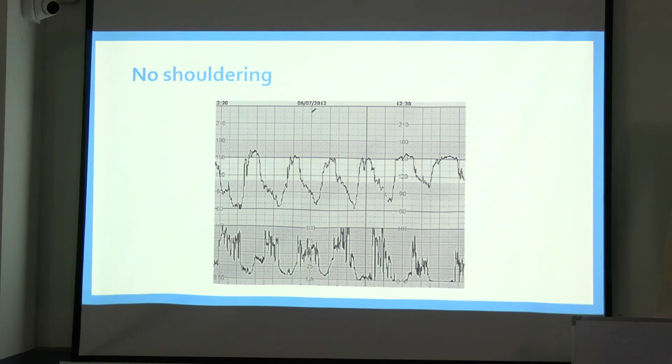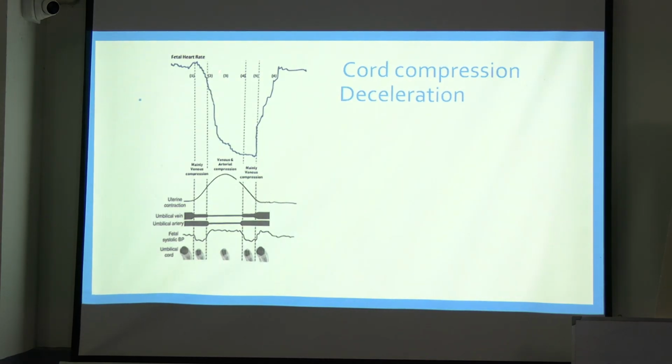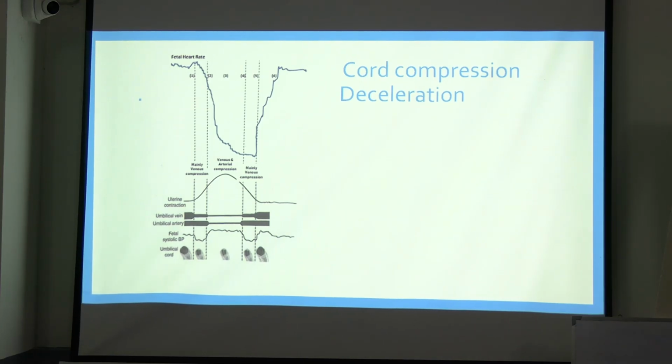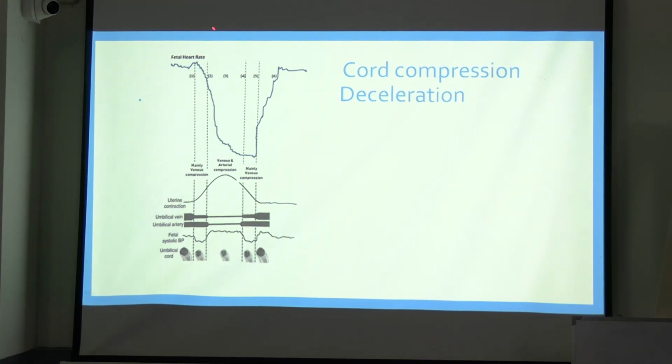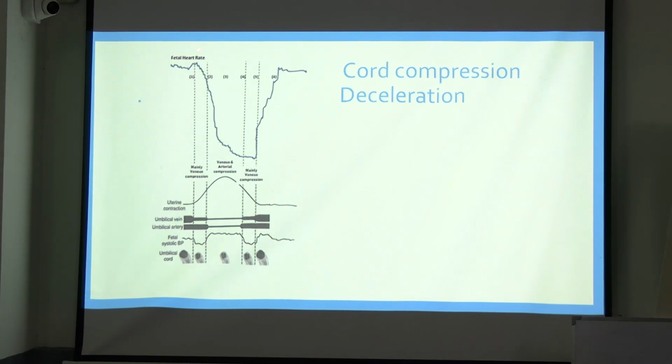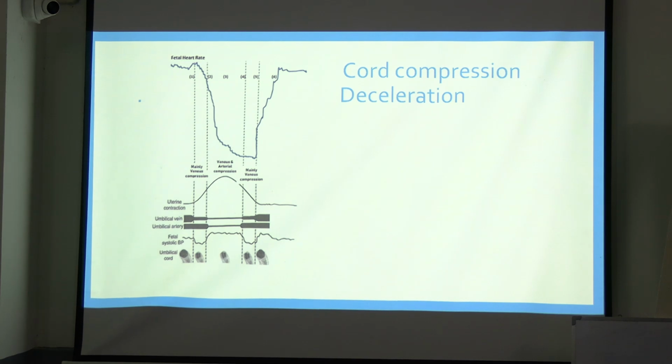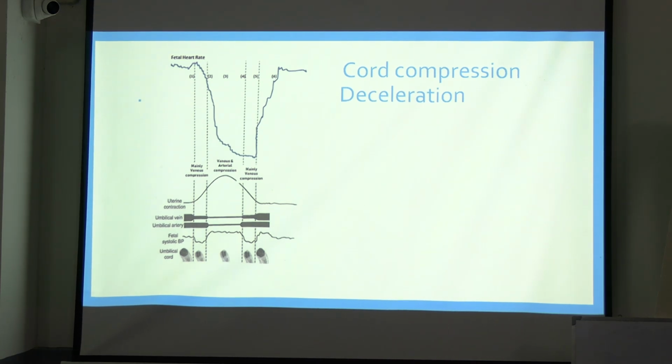That is a concerning feature. You have to be worried. And there is no shouldering. Now, what is shouldering? When there is cord compression or uterine contraction, due to compression of the fetal vessels, umbilical vein and umbilical artery, there is stimulation of the sympathetic system in the starting. So that will cause the rise in the fetal heart rate before the deceleration starts.